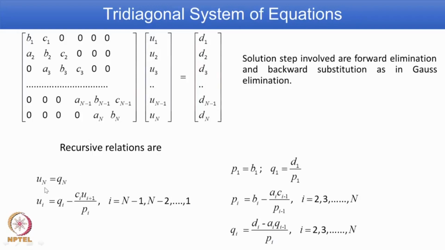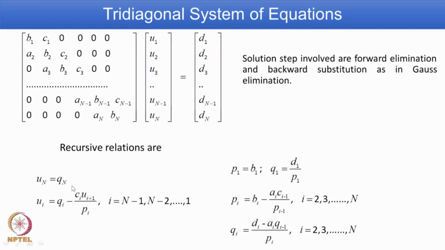So, un, which is the last unknown, is equated to qn, and then you go in reverse, because now it is a backward substitution: ui equals qi minus ui+1 ci by pi, where i goes from n minus 1 in the reverse order all the way to 1. This is the backward substitution.